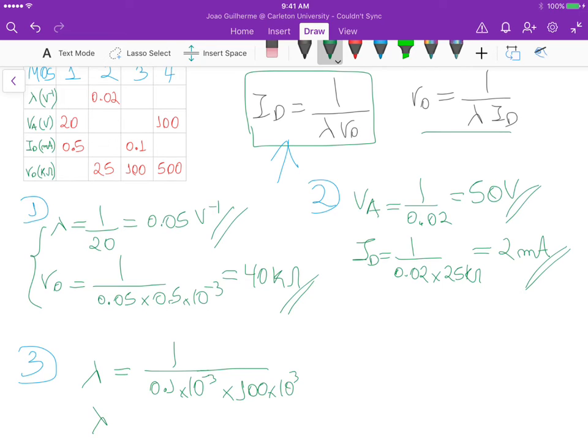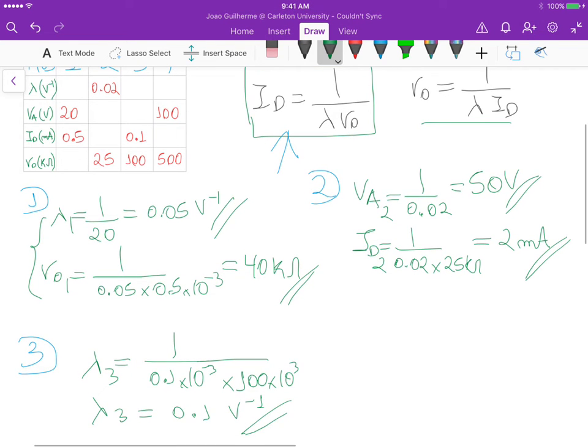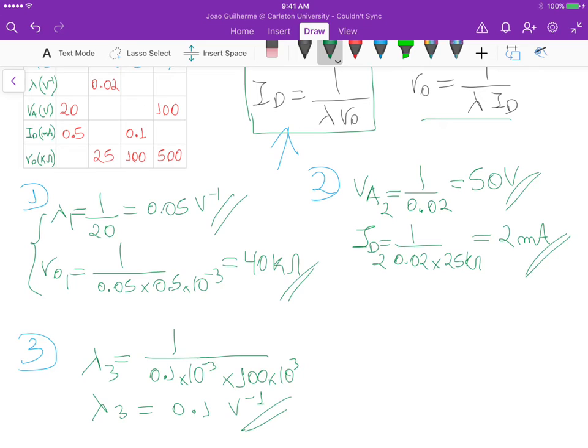That is equal to 0.1 reciprocal volts. The second parameter that we need to define is the early voltage. If we know lambda 3, we also know the early voltage for the MOS 3. That's 1 over 0.1, which gives us 10 volts.